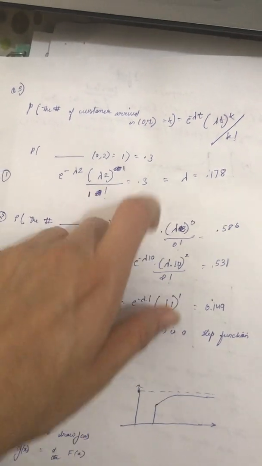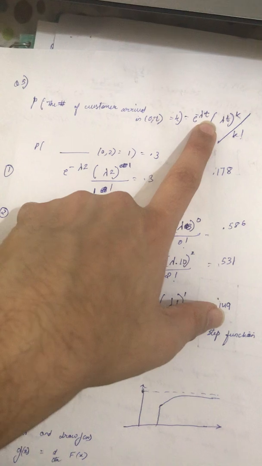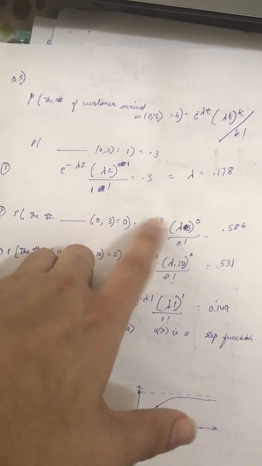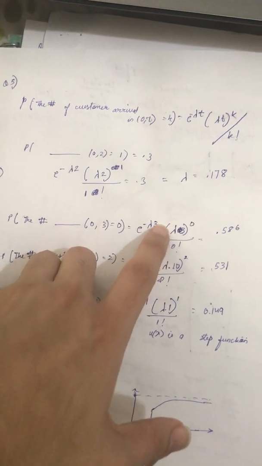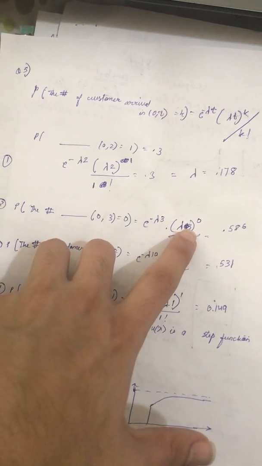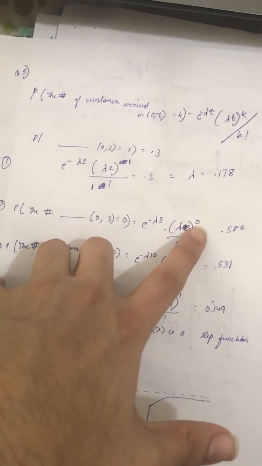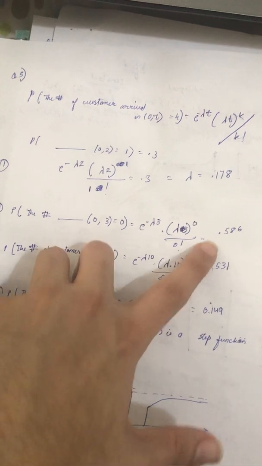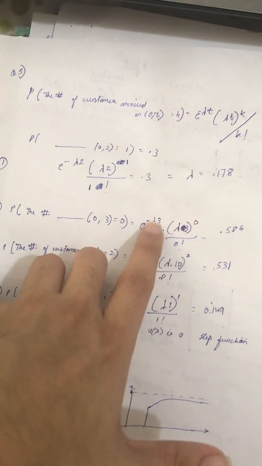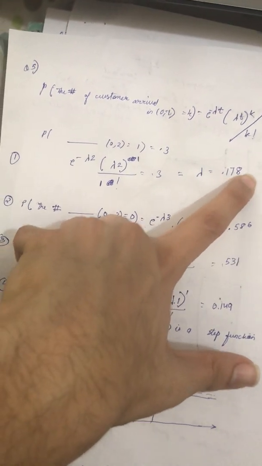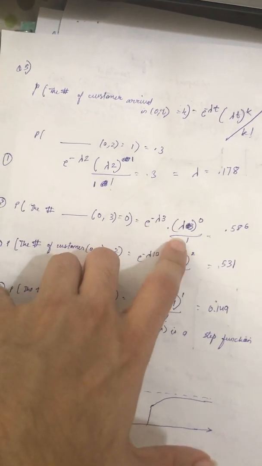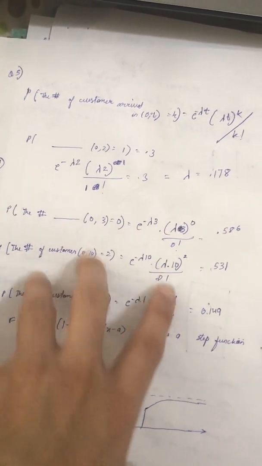The initial equation is e to the power minus lambda t, where t is time, so e to the power minus lambda times 3, into lambda t to the power k, where t is 3 and the number of customers arriving is 0. We also need to keep the value of lambda from the previous question here, and after solving this equation we get the answer 0.586.